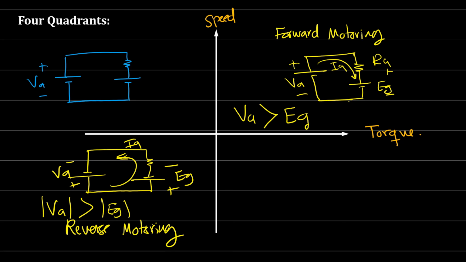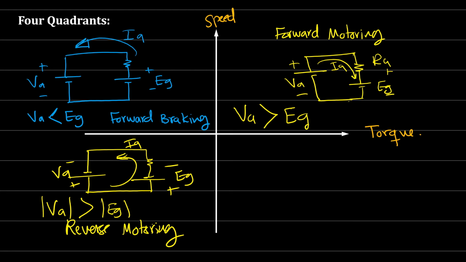Still, we have positive speed, plus minus EG, and the current in the opposite direction. So that's called forward braking. So this is IA, and this is VA, EG, and VA, of course, as you expect, is smaller than EG, and this is forward braking.